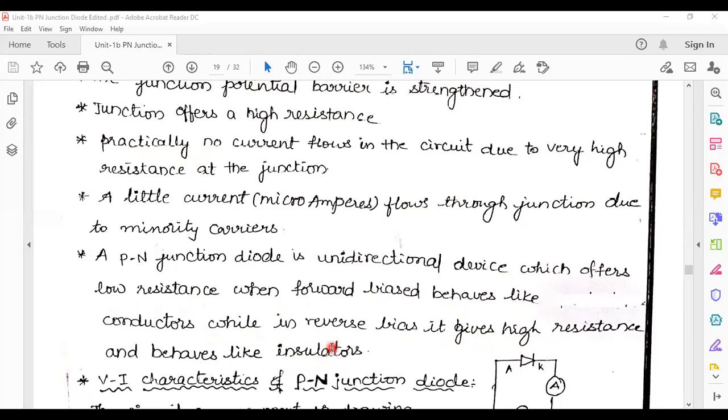Forward bias లో it acts like a conductor laga act chesiddi, reverse bias lo it behaves like an insulator.